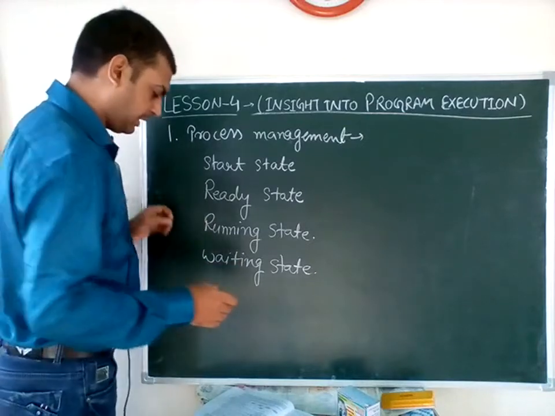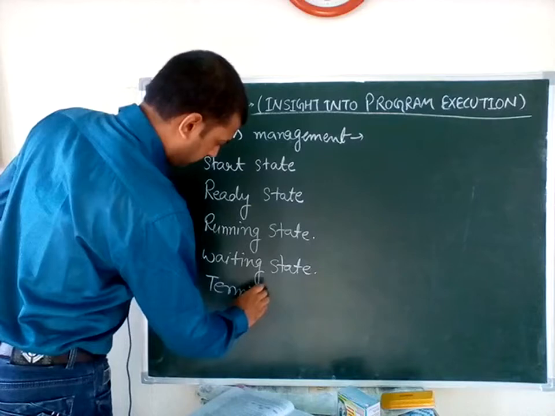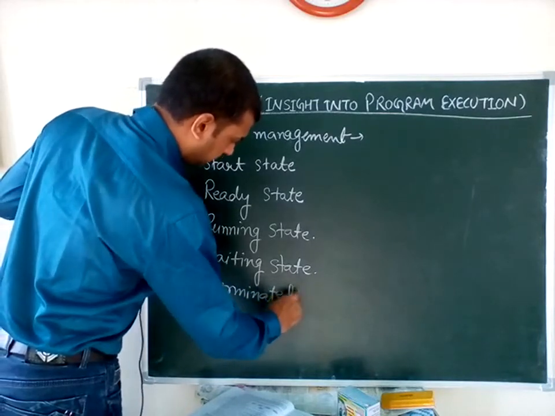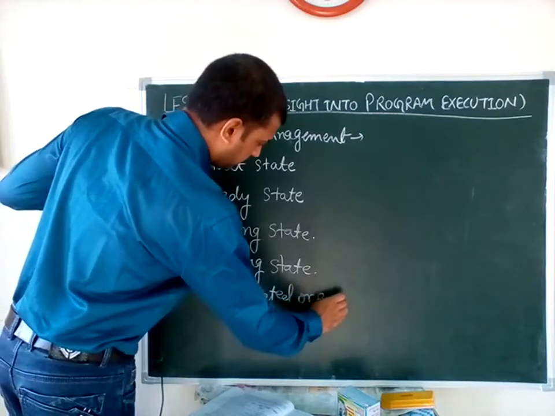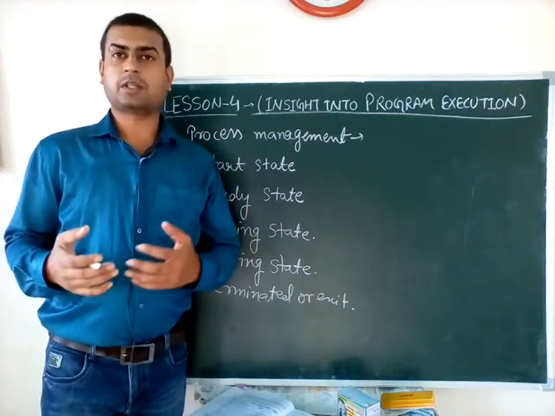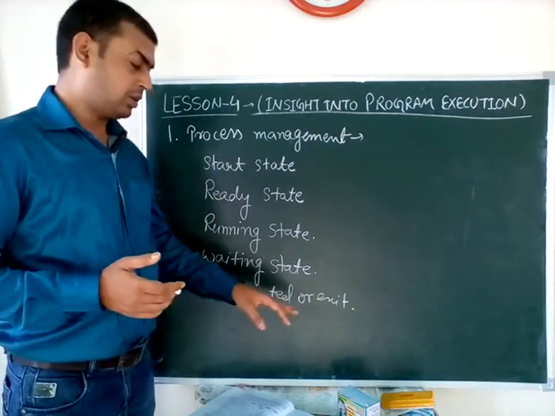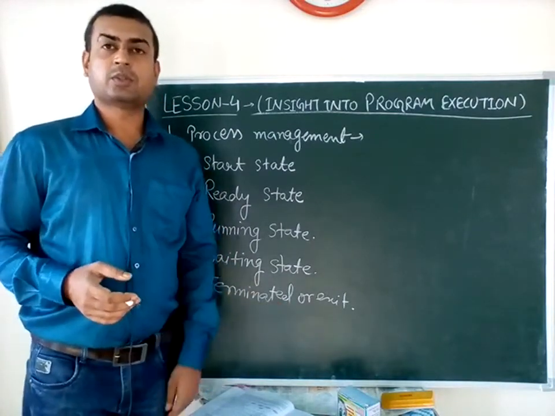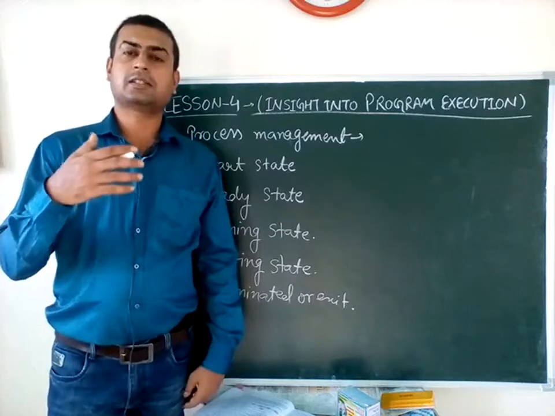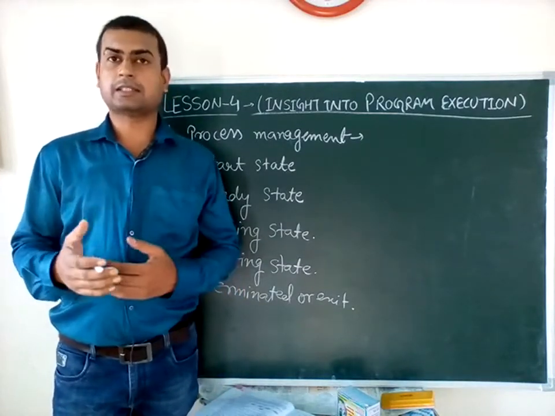Then last is terminated or exit. After execution, that program has to come out from the memory, so this is called terminated or exit state. So basically we have just separated the running of a process into separate stages.